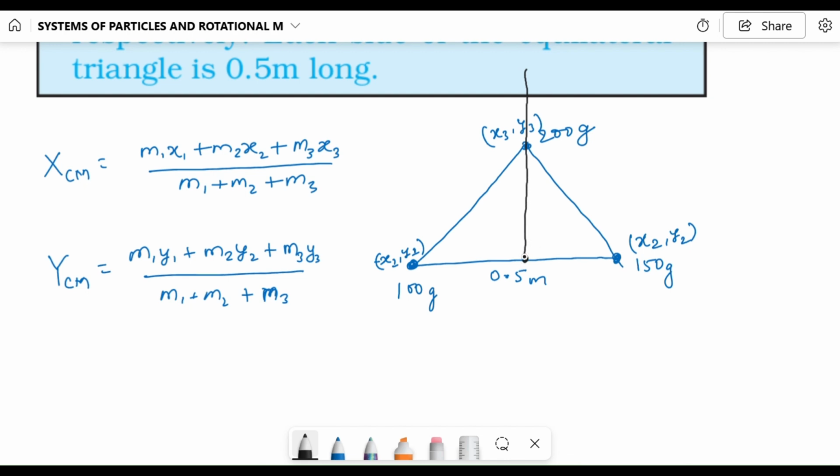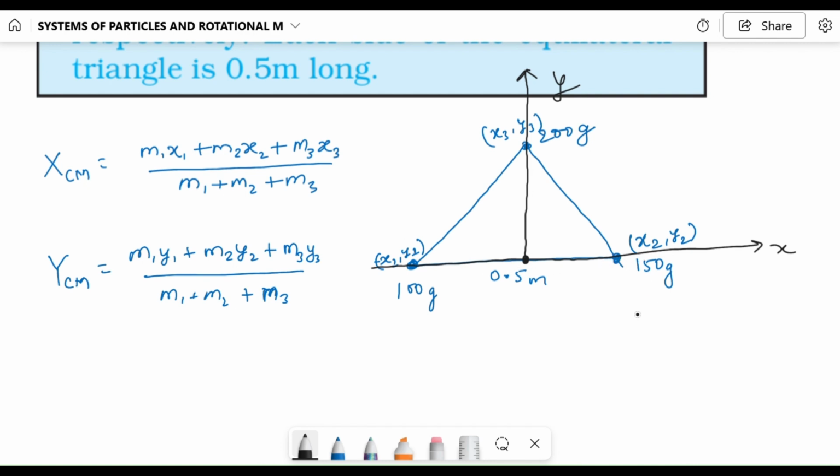Okay, so this is the midpoint of this side, and this is our x-axis and this is the y-axis. Now we have this 0.5 meter length.